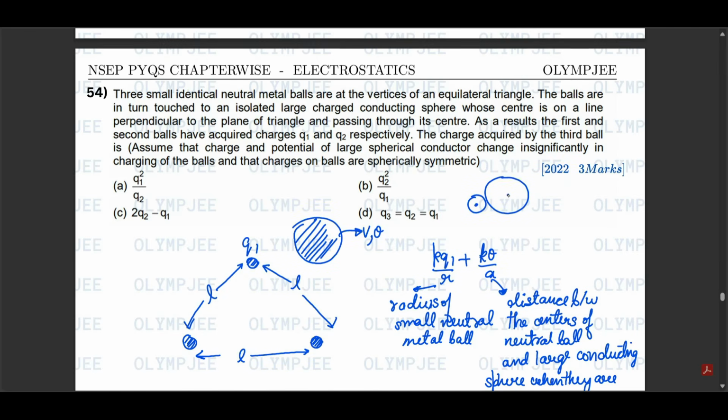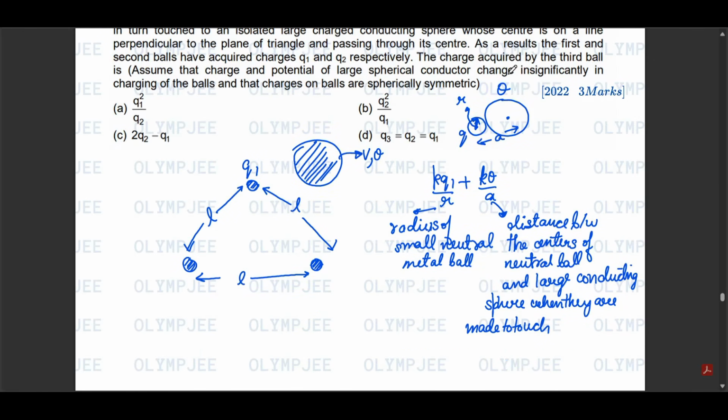So this is A and this is R. Okay, so the potential on the surface of this will be due to this charge q and due to this charge capital Q. If we take the potential due to this large conducting ball on the surface of this, we need to consider them as point charges located at the centers, and then we calculate the potential. So this should be equal to V. This is the first equation.